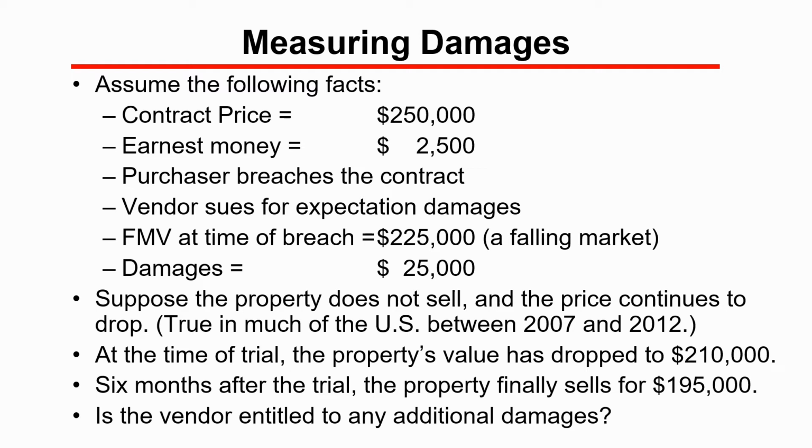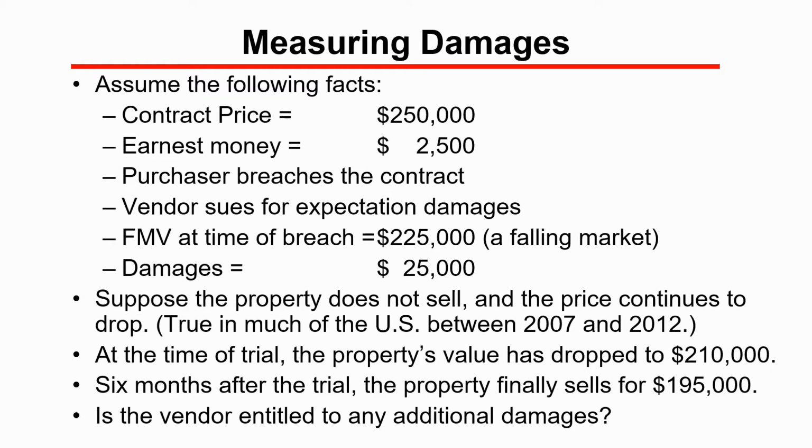So this is one of the ways that we can see how the measure of damages that's based on the standard formula simply isn't an adequate way of really compensating vendors for their losses. It's one of the reasons that vendors very often seek specific performance rather than damages.